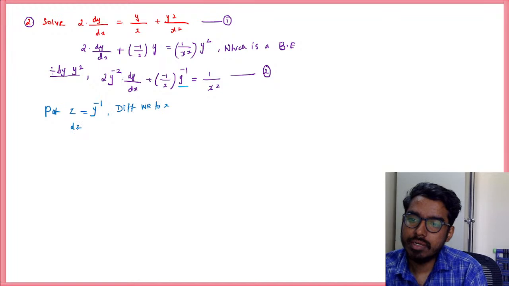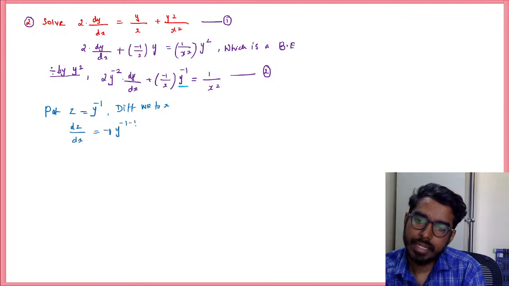Therefore, this will be dz by dx is equal to minus 1 y power minus 1 minus 1 dy by dx. So minus dz by dx is y power minus 2 dy by dx.